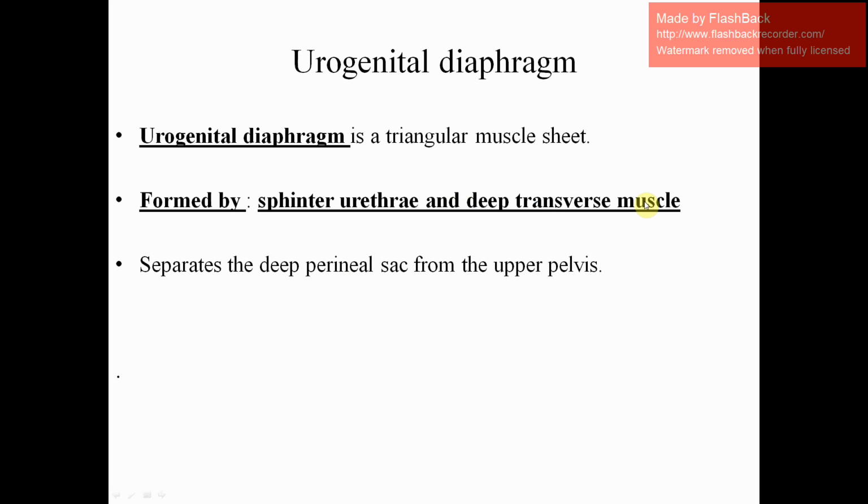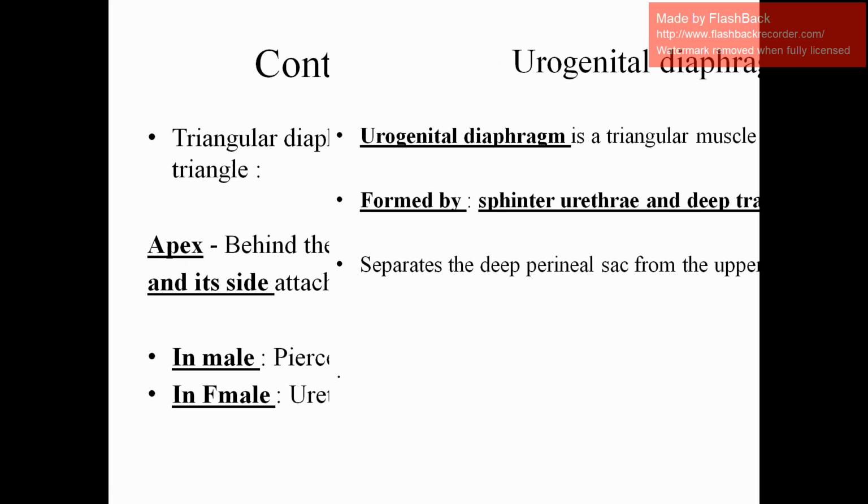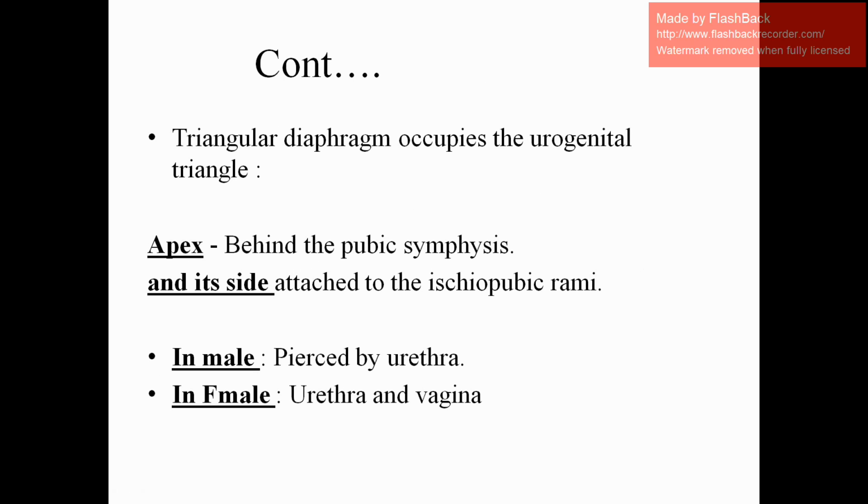It separates the deep perineal sac from the upper pelvis. Triangular diaphragm occupies the urogenital triangle, the apex of which lies behind the pubic symphysis and its sides attached to the ischiopubic rami. In male, it is pierced by urethra. In females, it is pierced by urethra and vagina.